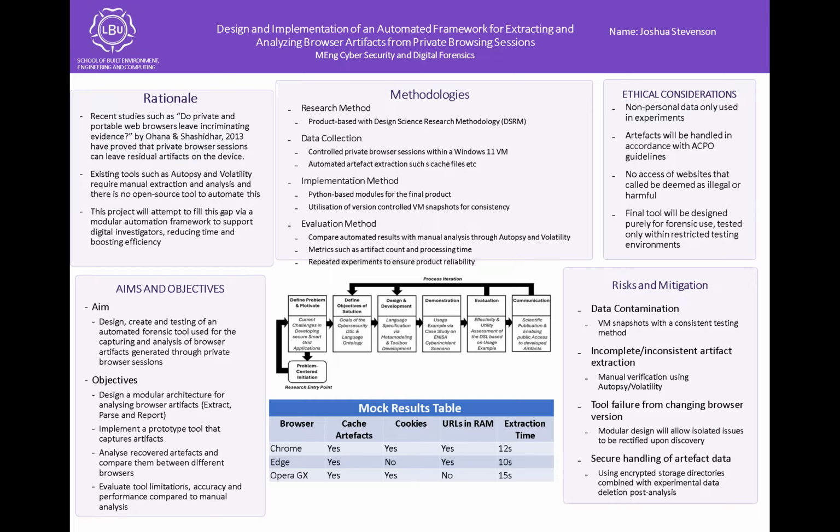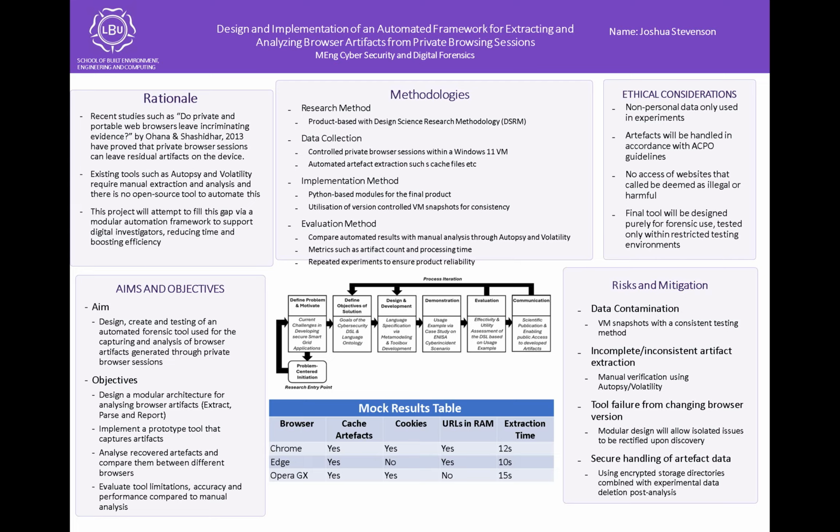So there are existing tools like Autopsy and Volatility that are able to retrieve this data. However, they rely on the manual extraction of this data, and this could be quite time consuming for a forensic investigator during an investigation. So this project is aiming to make an automated tool, as there is currently no automated open source tool to do this on the market from my research.